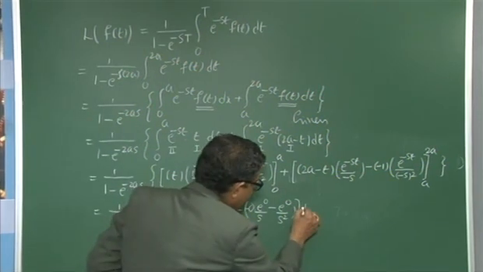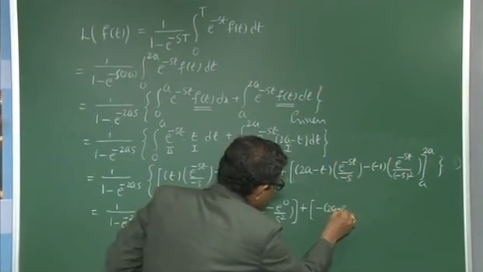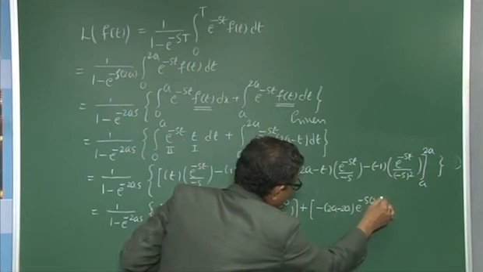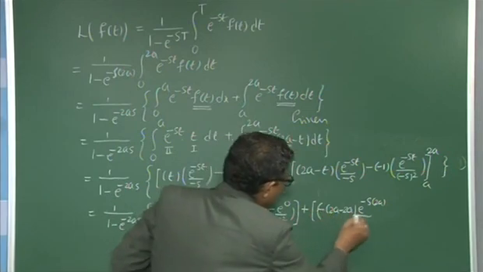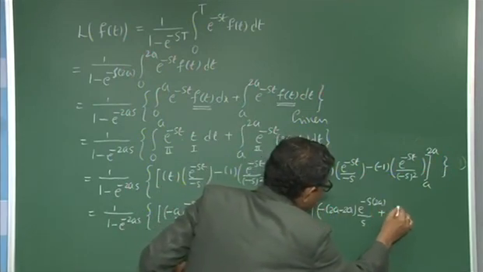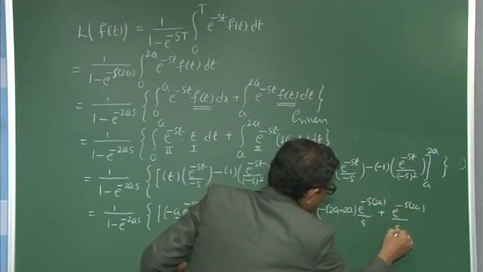Similarly the second one, plus minus 2a minus 2a e raised to minus s into 2a by s, minus minus into minus it is plus e raised to minus s 2a by s square.